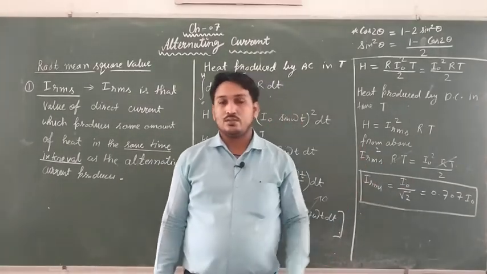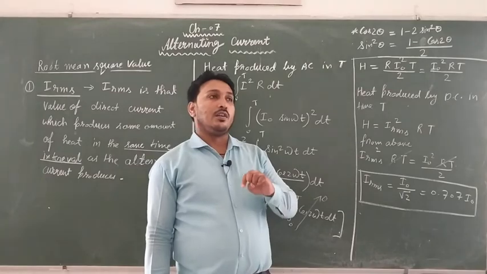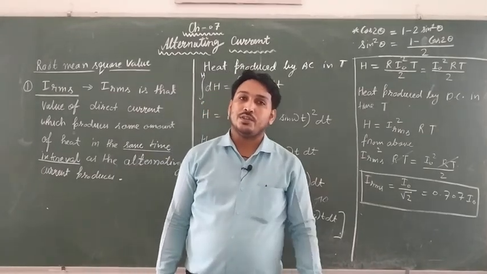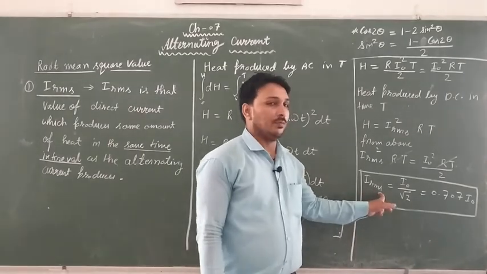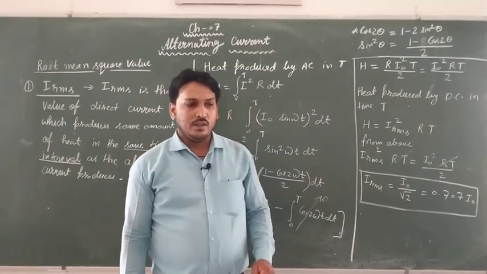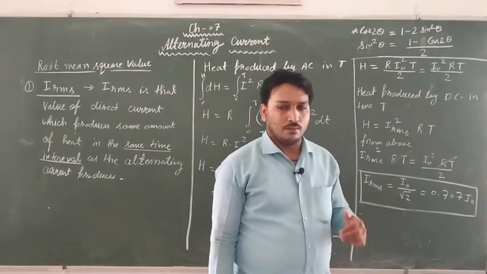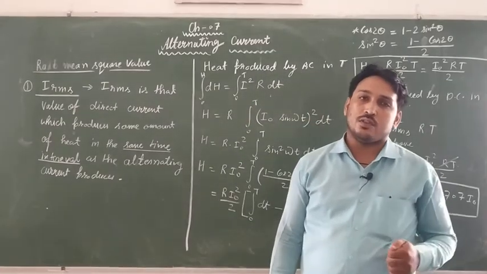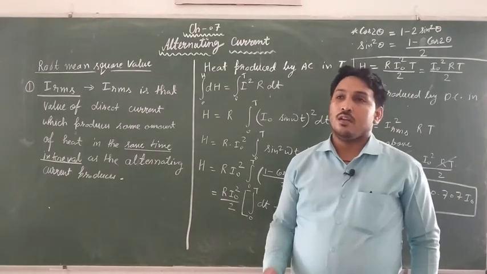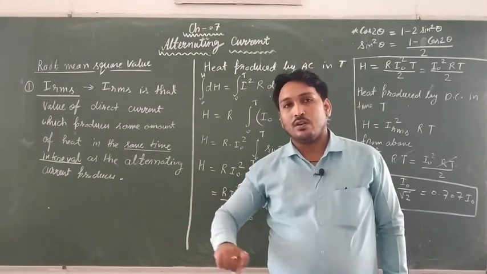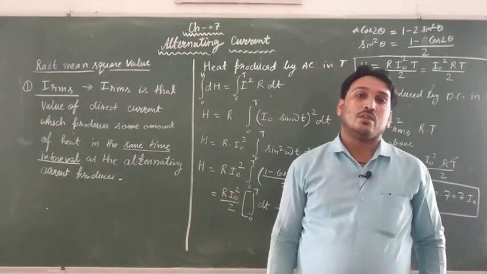If someone says to you that the alternating current flowing in the circuit is 2 ampere, he is giving you the value of RMS. In the last of the chapter, and also during the lectures, we'll solve some numericals. In those numericals, if it is given that the current flowing in the alternating circuit is 10 ampere, what is that 10 ampere?